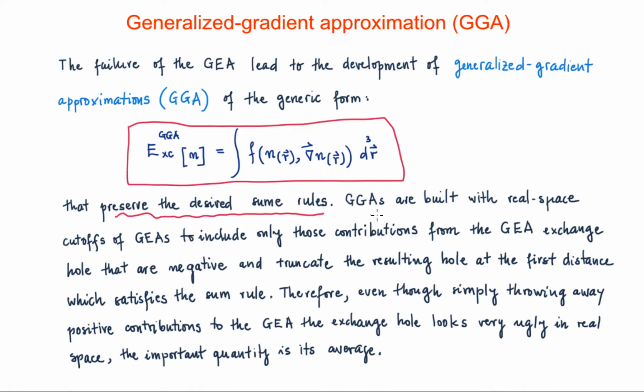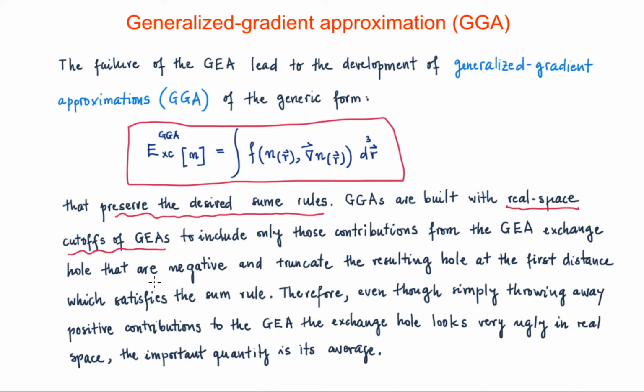So the GGAs are usually built with real space cutoffs of the previous approximation, the GEA approximation, in order to include only those contributions from the GEA exchange hole that are negative.